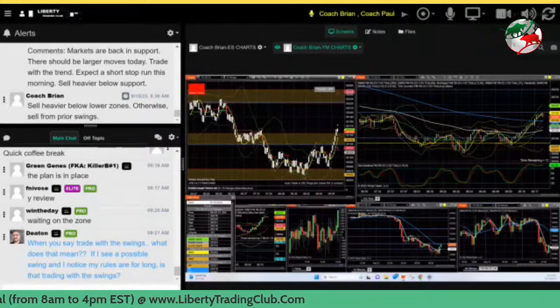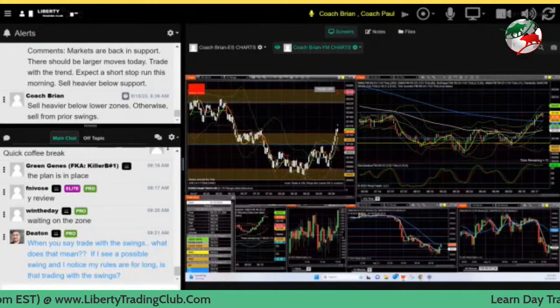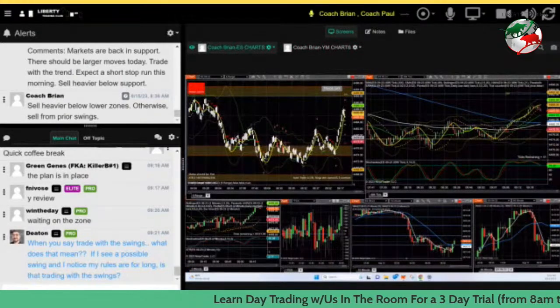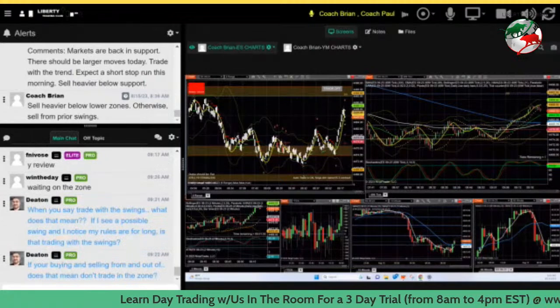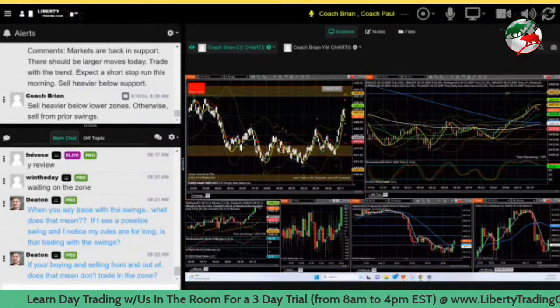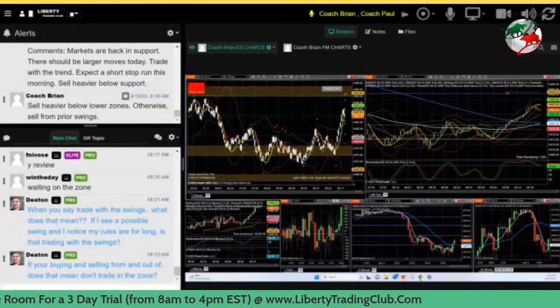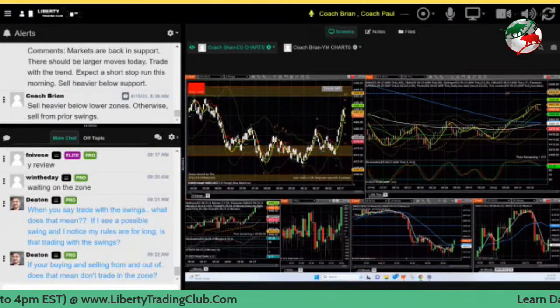So you could possibly try to take a nibble on the short side if you get a hook down here. You're starting to get a little hook on the ES. If you want to take a little nibble on the short side, try to be in there. Try to get a target off. Again, I would say if this is your first trade of the day, you probably want to wait for the open.